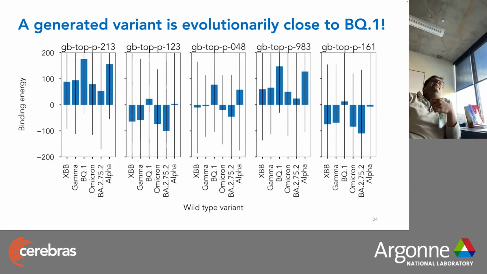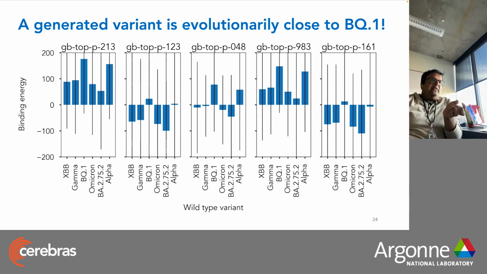What was even more interesting at the time, this was in December or November when we presented it, there was this new variant called BQ1 that everybody was talking about. And the BQ1 variant could bind to the ACE2 receptor in a much stronger sense.